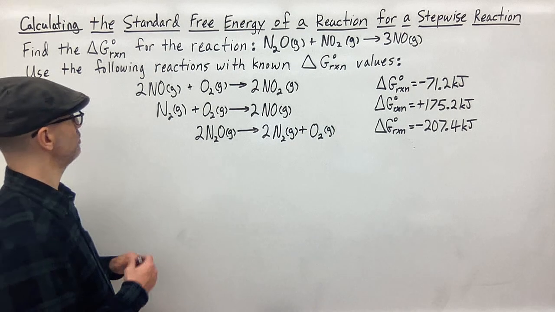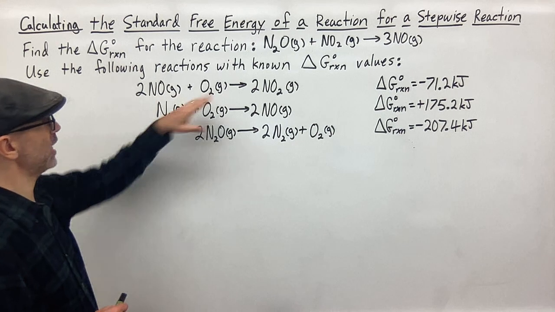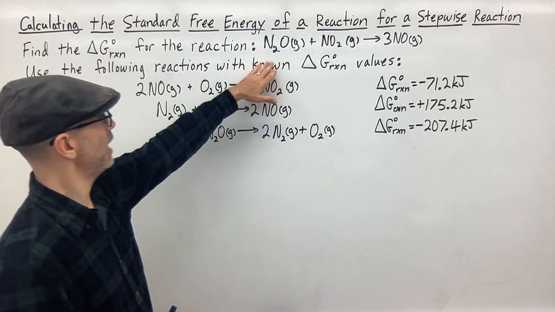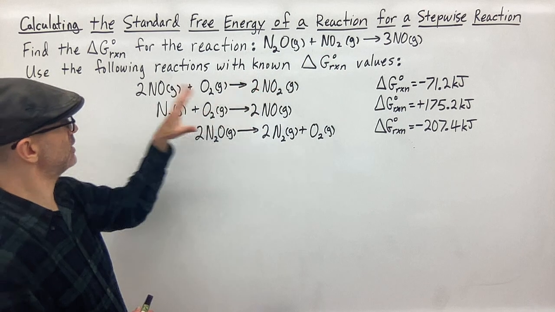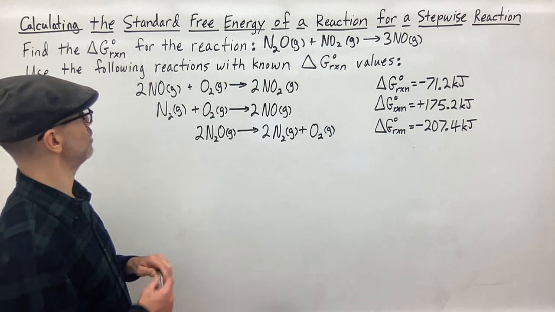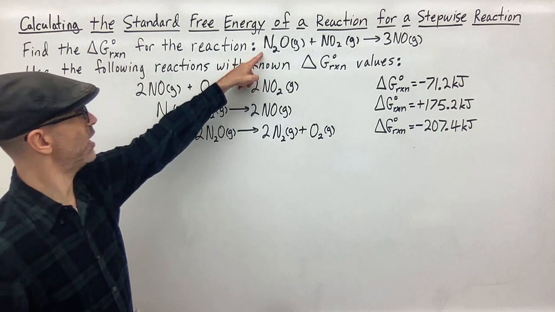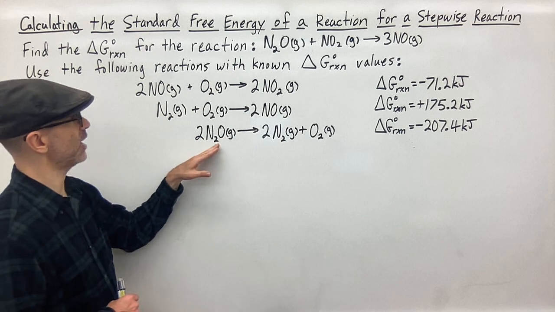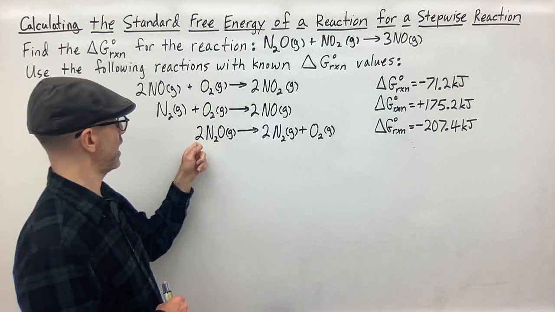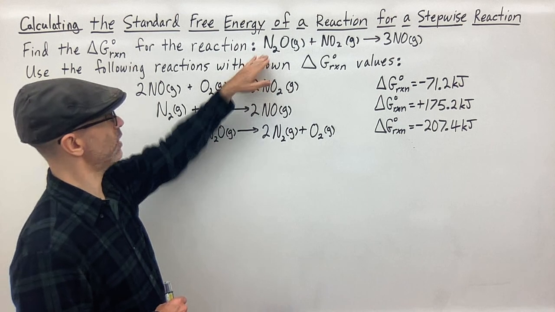Here I have this reaction. Here's my target. I need N2O and NO2 gas on the reactant side. So I'm looking to see what I have. Here I have N2O on the reactant side, but you'll notice that I have two here, but only one there.